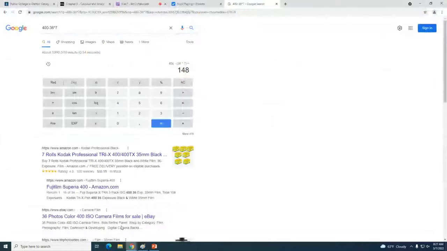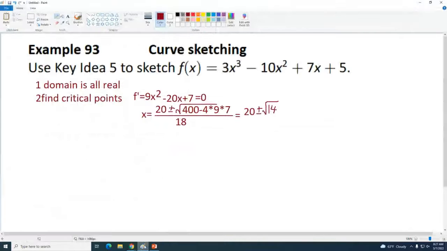What's the simplified form? Yeah, 148 after simplification. Okay.